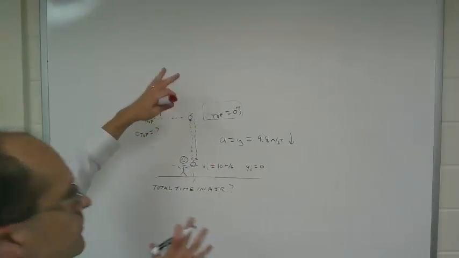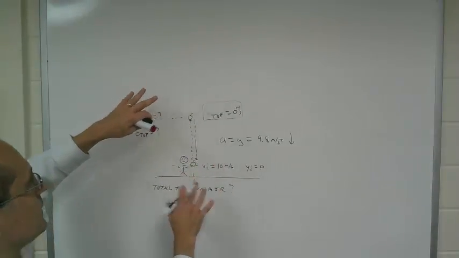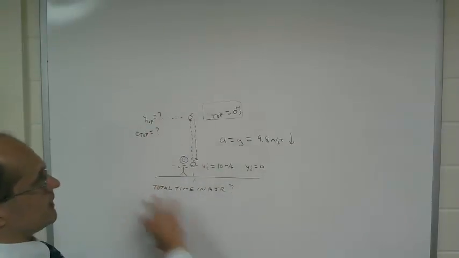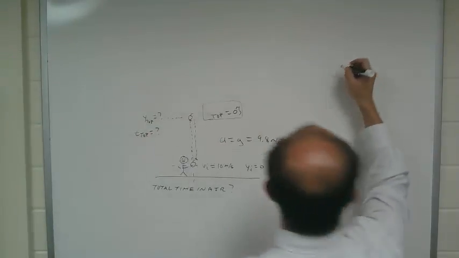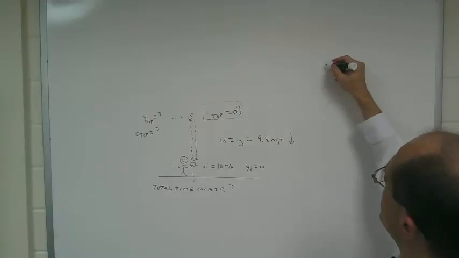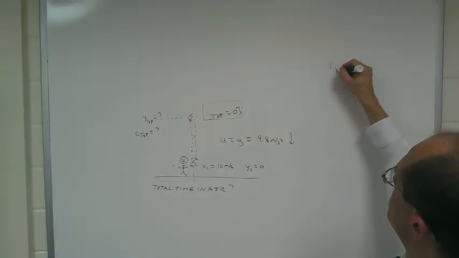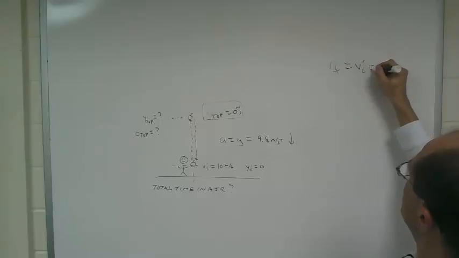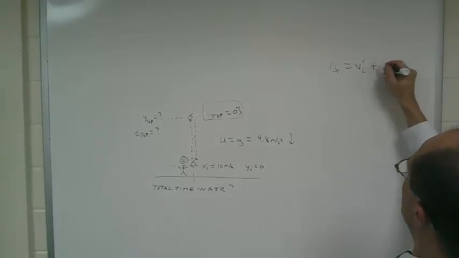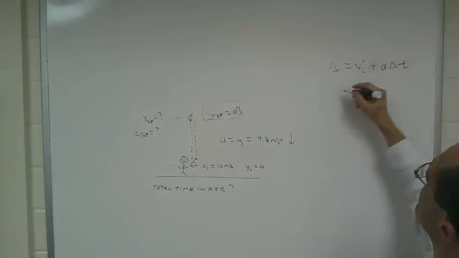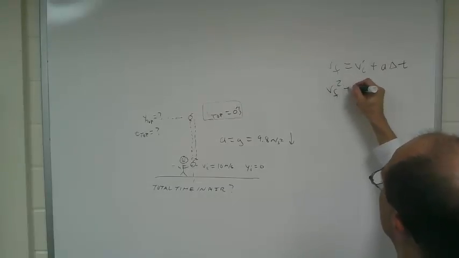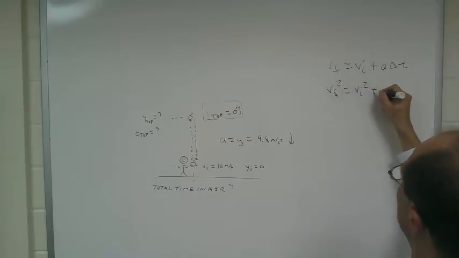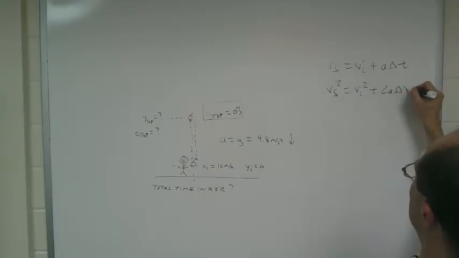We've labeled our picture. That's where we start. We put our axis in and labeled everything we had. The next step is to write down our equations: v final is v initial plus a delta t. We also have v final squared is v initial squared plus 2a delta x.